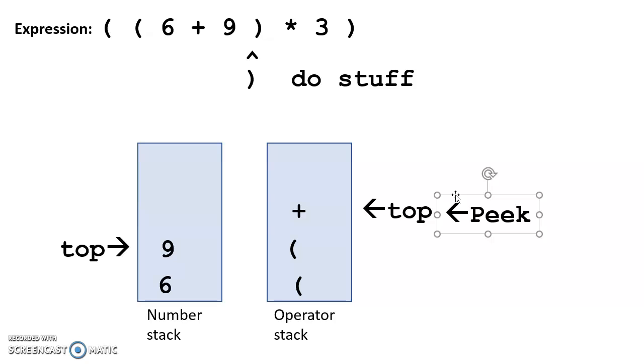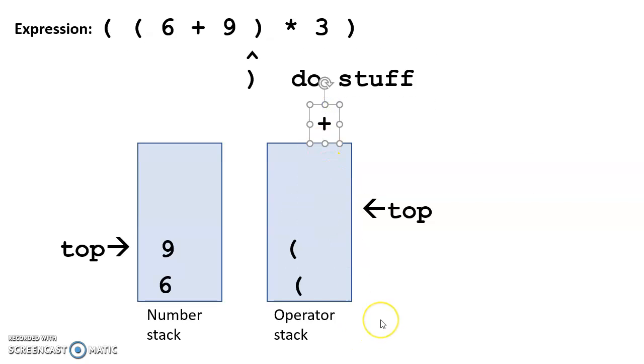So that means that there isn't a value on the number stack that we can use. What we have to do is carry out this operation. So from this peek, we realize we have to carry out the operation, and so we pop the operator from the operator stack. When I pop, the top goes down.